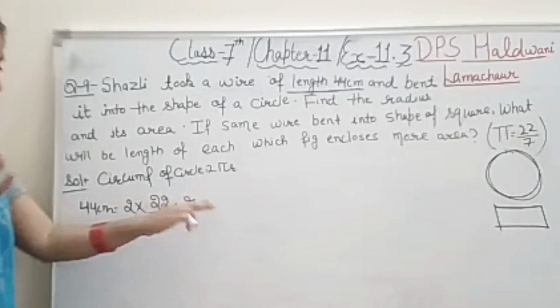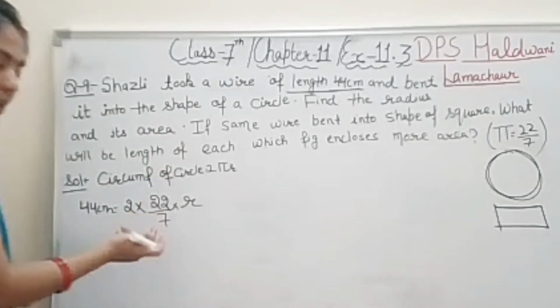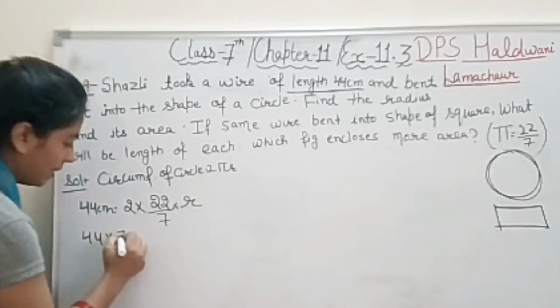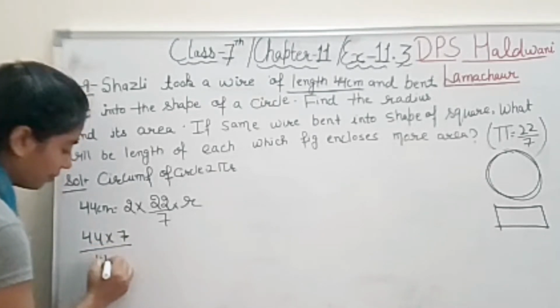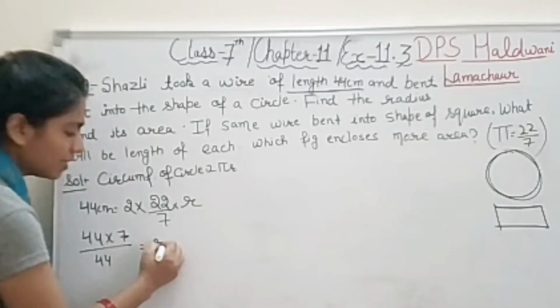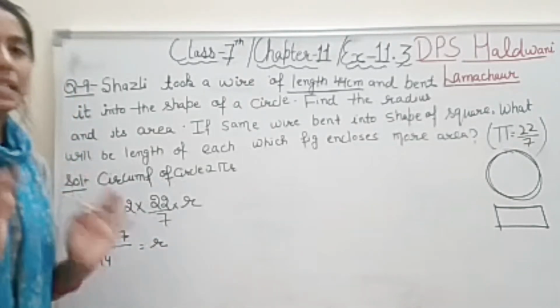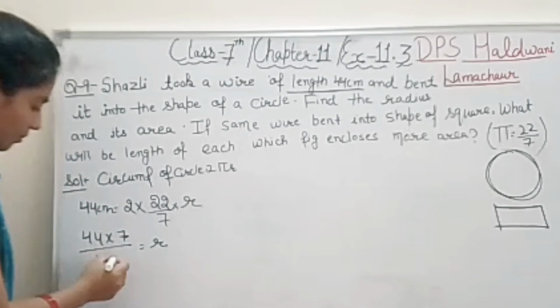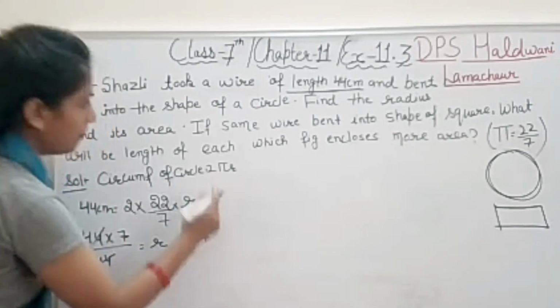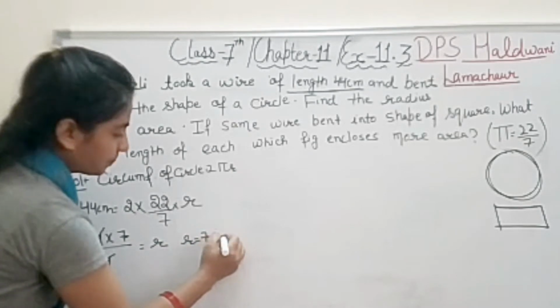Total length we know, radius we don't know. So easily we find the value of the radius. 44 into 7 divided by 44, because 22 into 2 is 44. See student, if you know the basics, you will easily solve the question. So 44 cancels out with 44, and the r value is 7 centimeter.